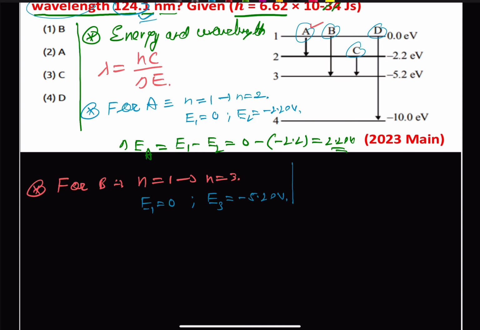So delta EB will be equal to E1 minus E3, which gives us 0 minus of minus 5.2, giving us 5.2 electron volt.